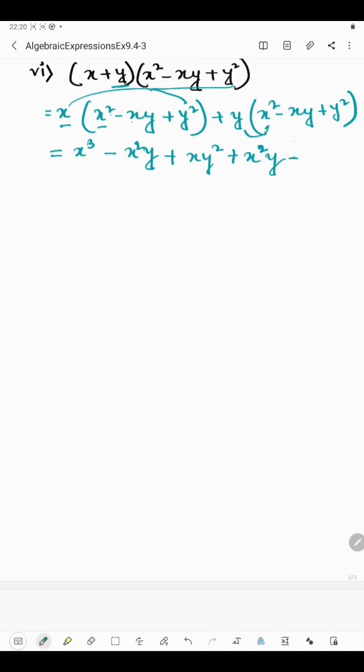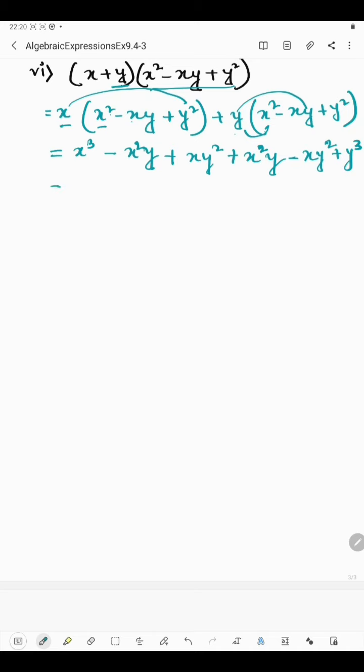Now we have minus sign. Now we will multiply by the second term. So xy into y. So x will remain same and there is 2y, so we'll write y square. Now y into y square. Here 1y and here is 2y. So y to the power 3.